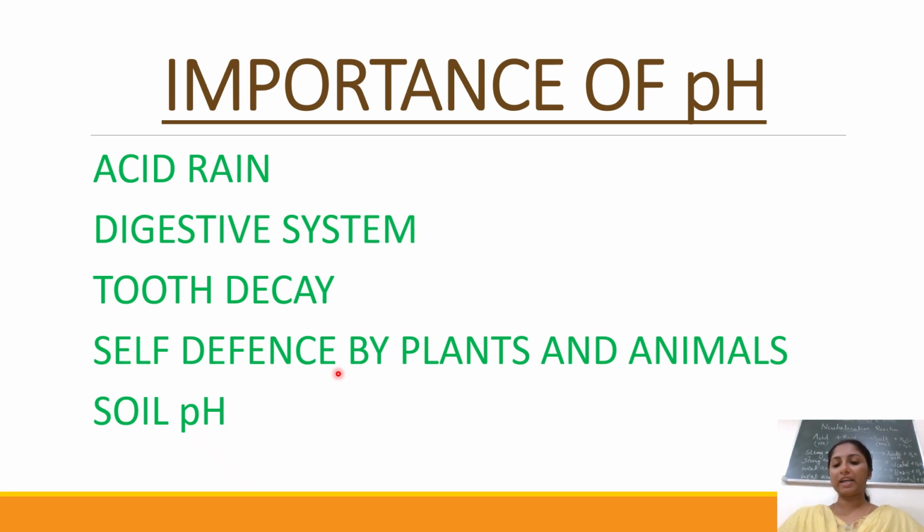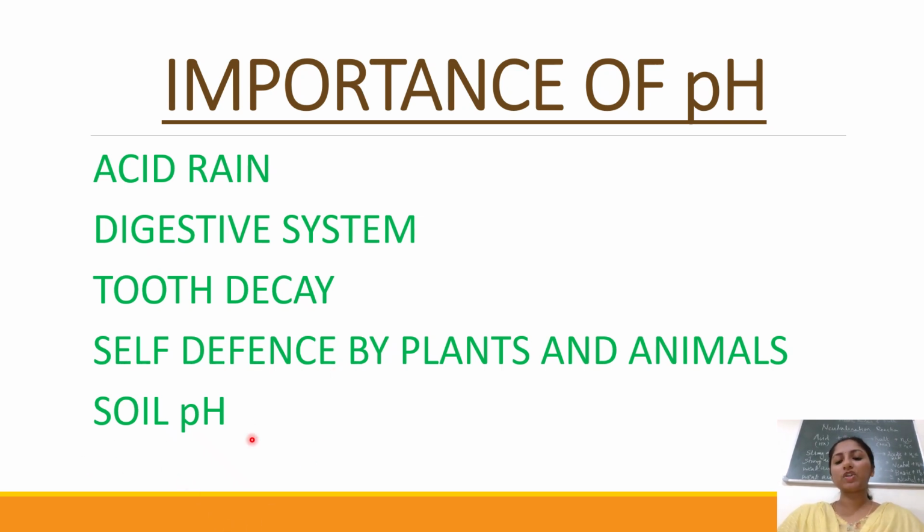By the sting of the bee and ant, acid is getting into the body. So if you are applying a weak base such as baking soda, it is neutralizing the surface of our skin. By that we can reduce the itching and bulging. Okay, that's all about the self defense.